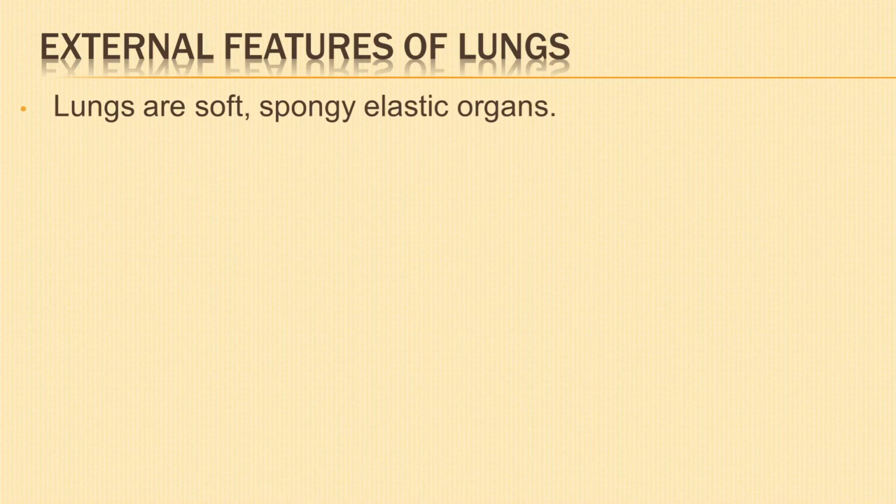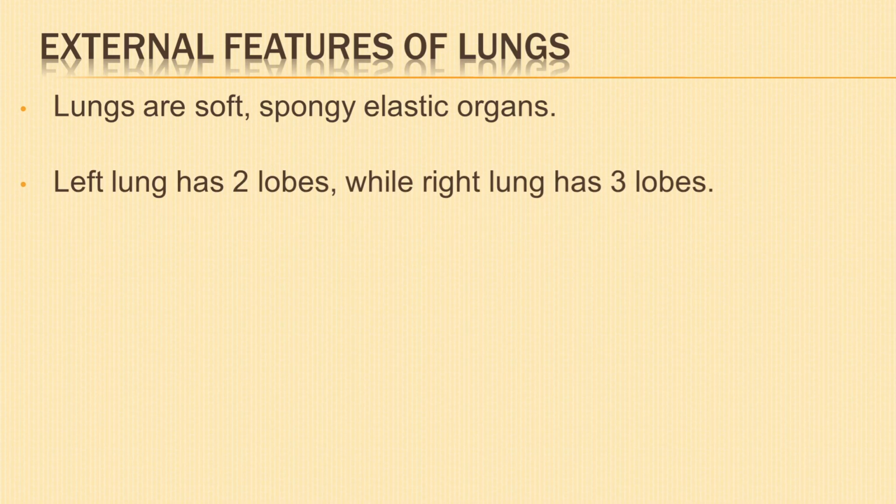Coming to external features of lungs, lungs are soft, spongy, elastic organs. The left lung has two lobes, left superior and left inferior. The left lung is smaller than the right lung. The right lung has three lobes, right superior, right middle, and right inferior.